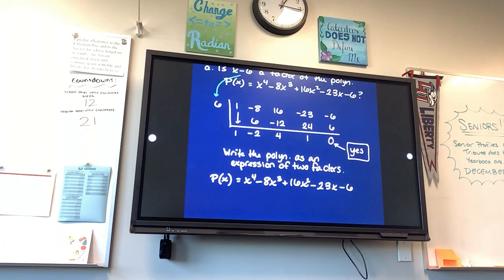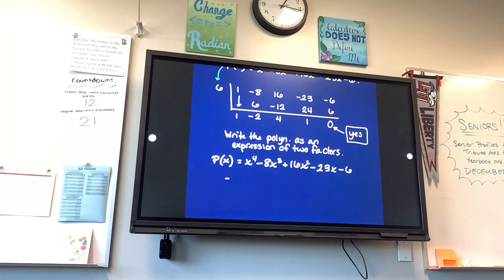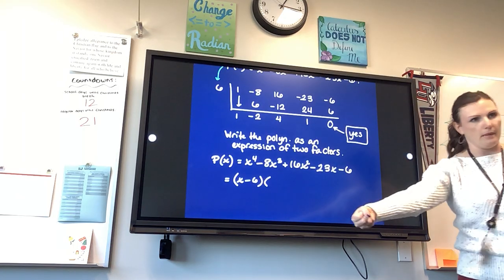And I'm bringing it down here to show the starting point, if you will. And here's what it means by writing as an expression of 2 factors. It's like this. Because you have figured out that x minus 6 is a factor, it's synonymous to taking out what is common, right?